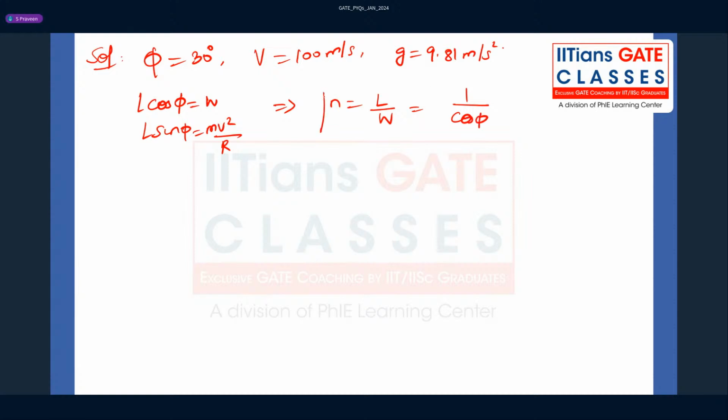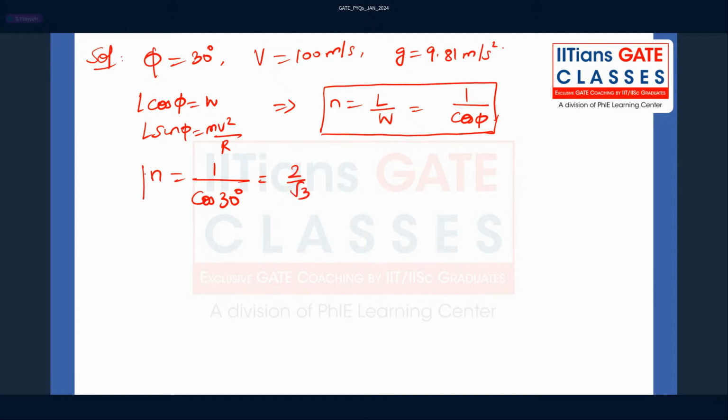This is the general formula for the load factor acting on an aircraft in a level coordinated turn. If you substitute the value, N would be 1 divided by cos 30 degrees, which is 2 by root 3. This is the first information that we obtain. What else is asked is the turn radius.